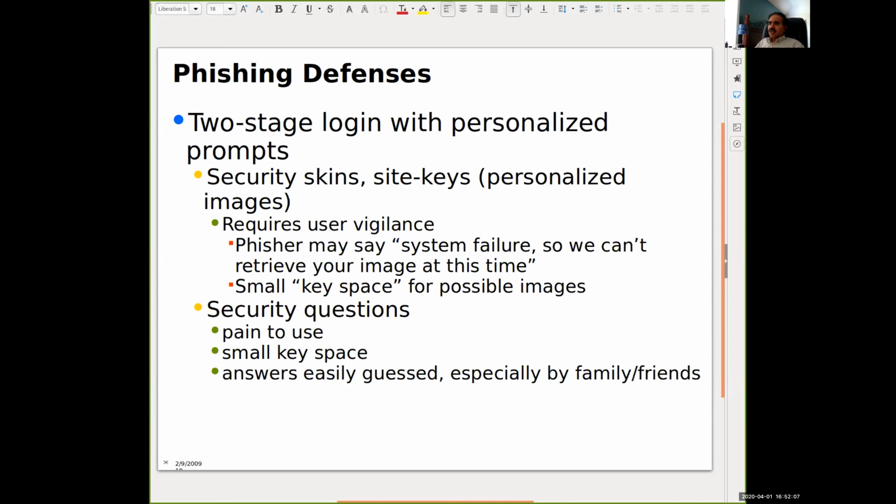And as such, they are really not paying very much attention. So this kind of phishing defense doesn't really work that well. And so by and large, although some sites continue to use it, some sites have started to discontinue using this kind of two-stage login.